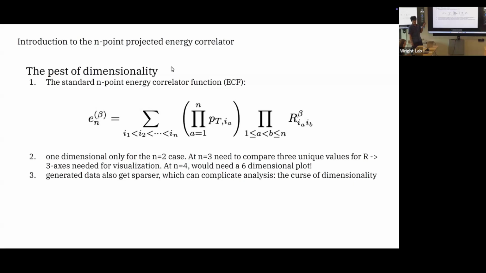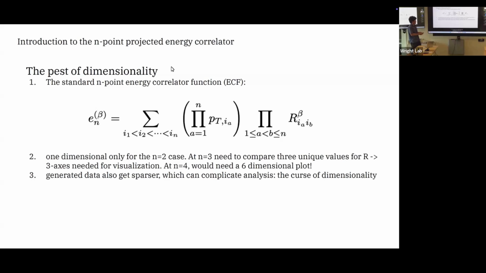Another thing, one of the primary reasons we talk about a projected energy correlator, rather than the standard energy correlator which I mentioned earlier, is this problem with dimensionality. So this is the definition of a standard energy correlator. And you'll notice, or maybe you remember, back in the definition of the projected correlator, there is this delta function that filtered out the maximum distance.